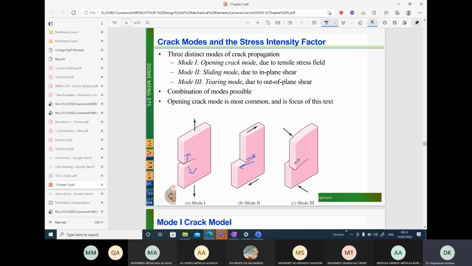A third mode is the out-of-plane shear mode, where you are tearing like a piece of paper. So mode 2 and mode 3 of crack opening are very rare, and if it takes place, we need much more complicated mathematical formulas to calculate the energy required for crack propagation.